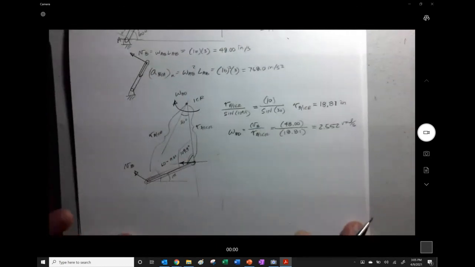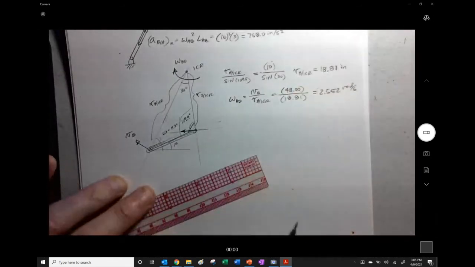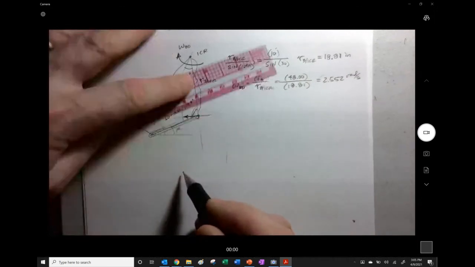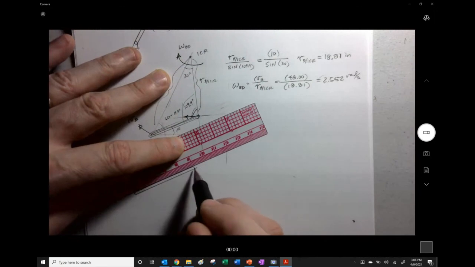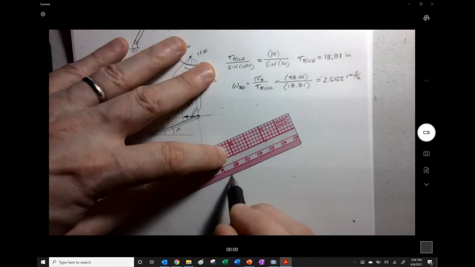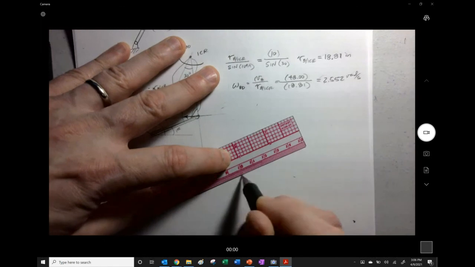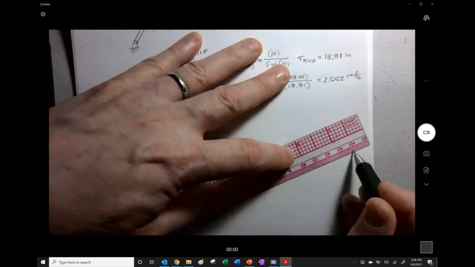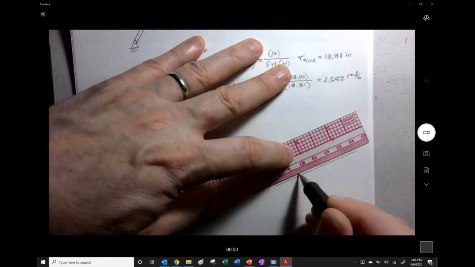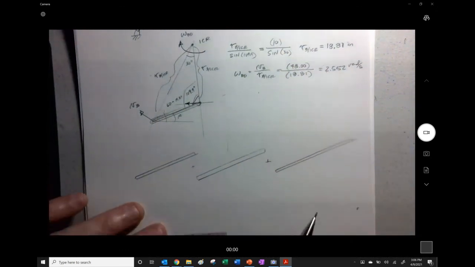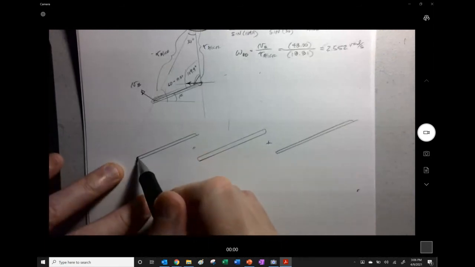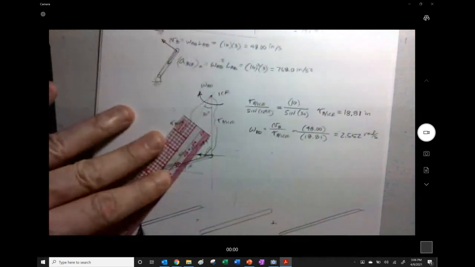All right, so we move over to our acceleration analysis now. Try to draw these as accurately as I can. And we know the acceleration of B. In fact, let's try to draw that down into there.